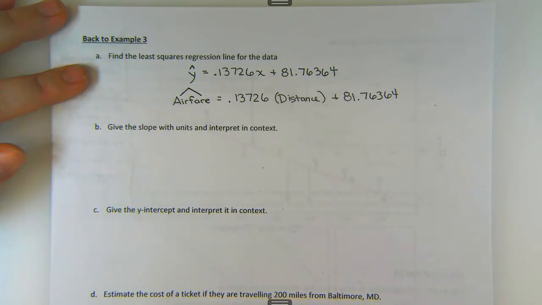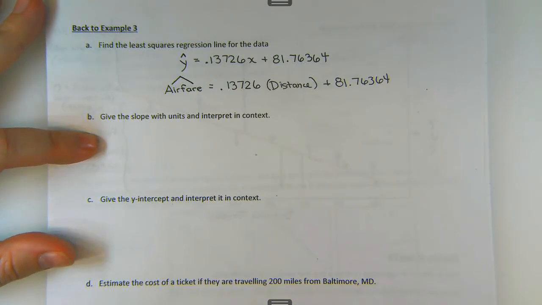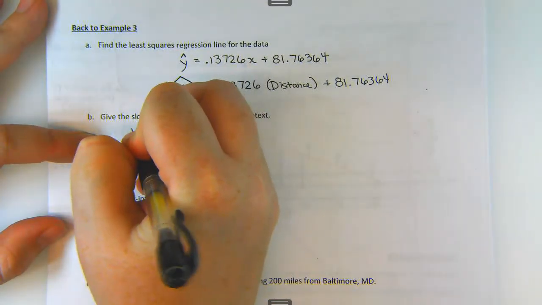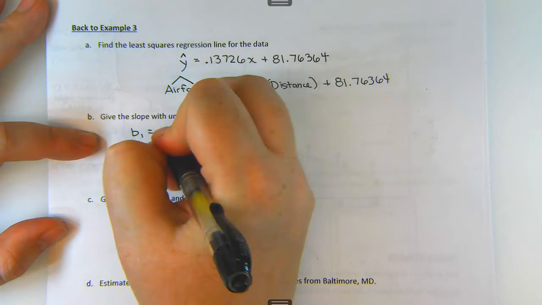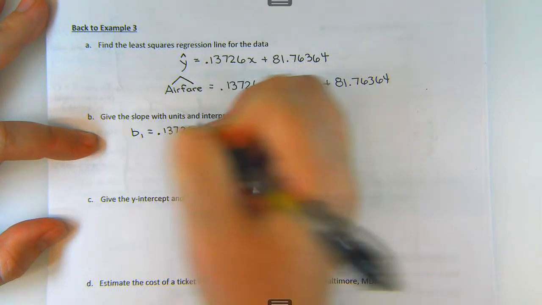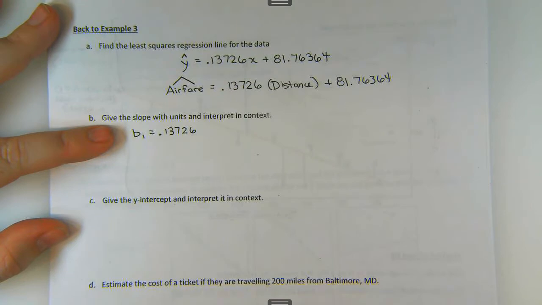Once we have this, we can interpret the slope and the intercept. For the slope, that's our b1, the number that we get out is 0.13726. As I said, this slope describes that if we increase x by 1, this is the change in y.